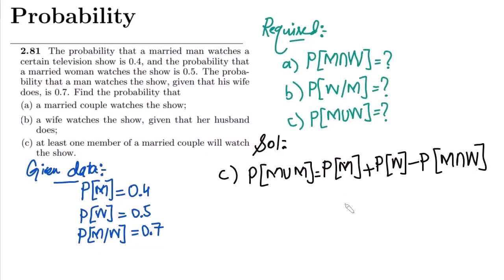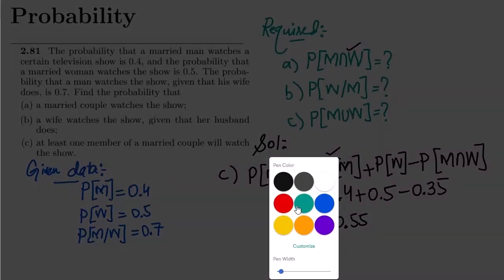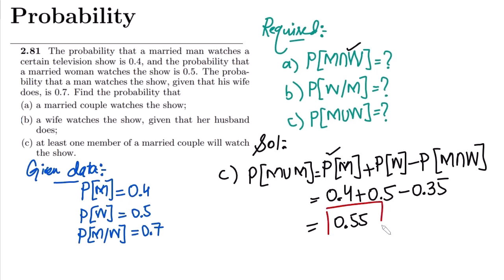Now let me put in their values. I know the value of M, which is 0.4. I know the probability of W, that is 0.5, and the probability of both, which I found in part A, was 0.35. Putting them here, the answer will be 0.55, and that is the solution of part C.